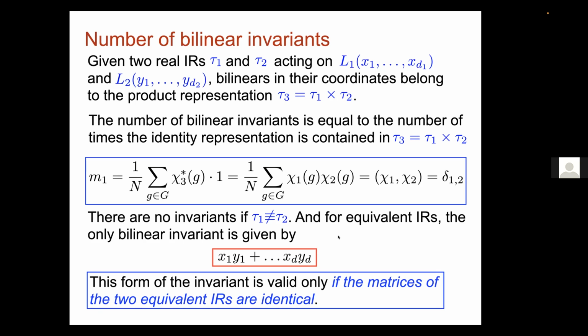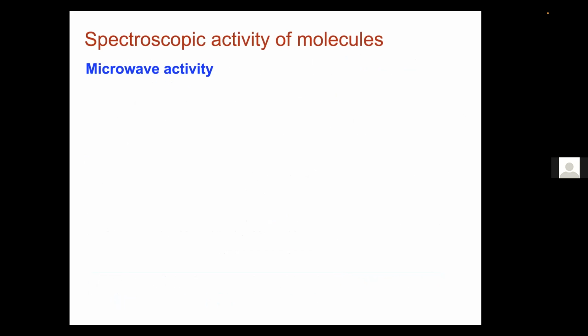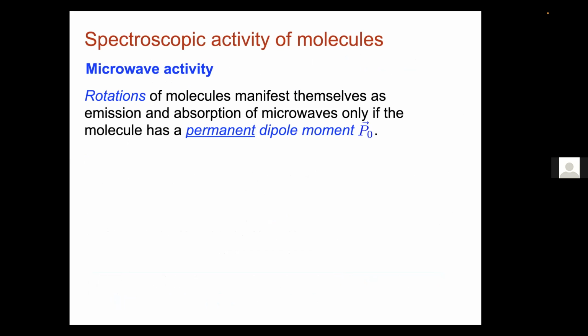Okay, so now let's move to spectroscopic activity of molecules. First, microwave activity. Remember that in order to have this activity on physical grounds, we need a permanent dipole.